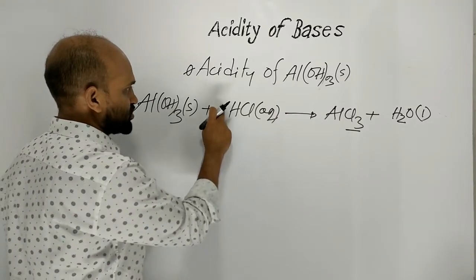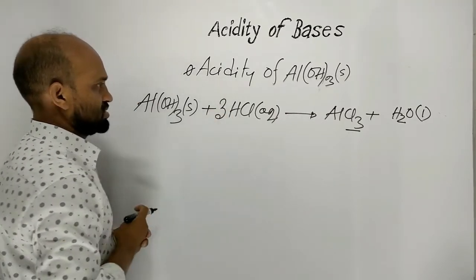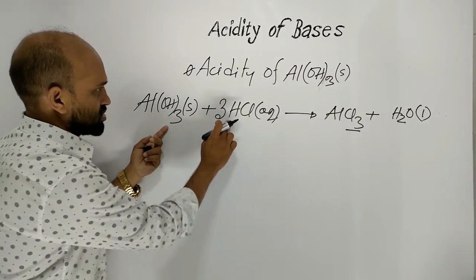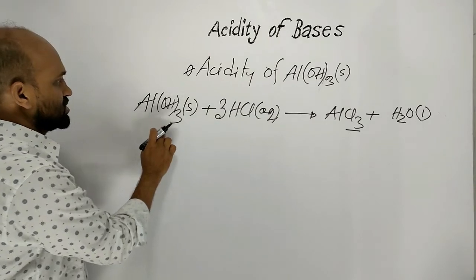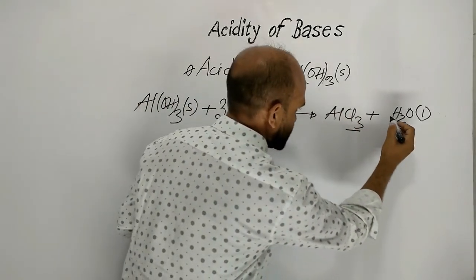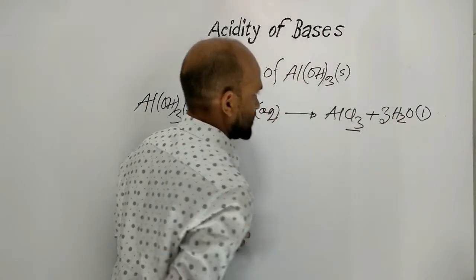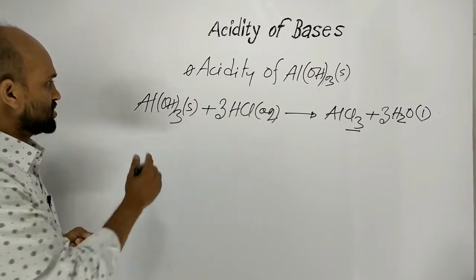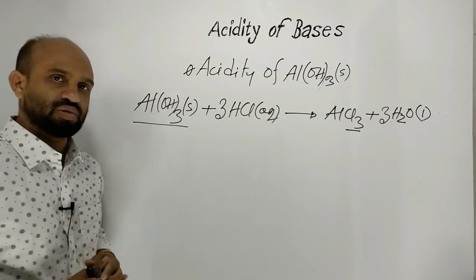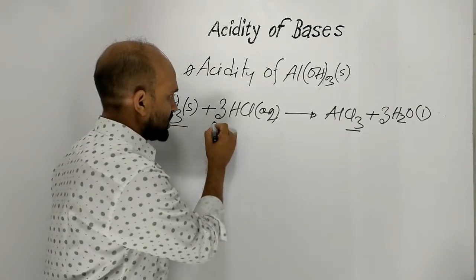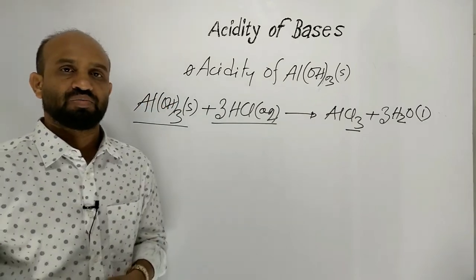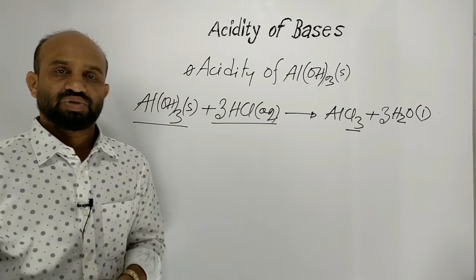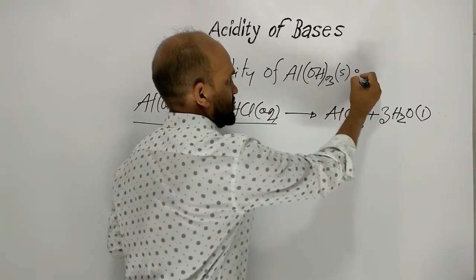That is why we have to put here 3. Now total 6 hydrogen atoms. Here 3, here 3. So 6 hydrogen atoms. Here now 6 hydrogen atoms. In this reaction, we see that 1 mole of aluminum hydroxide neutralizes 3 moles of hydrochloric acid. That is why acidity of this base is 3.